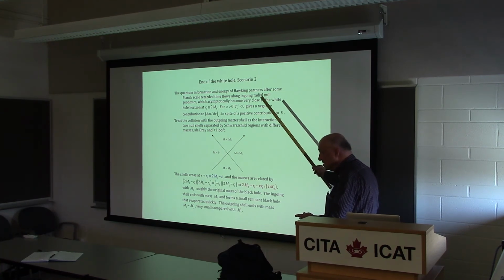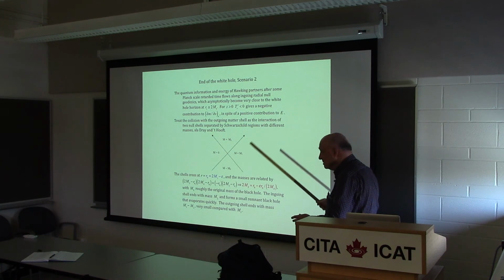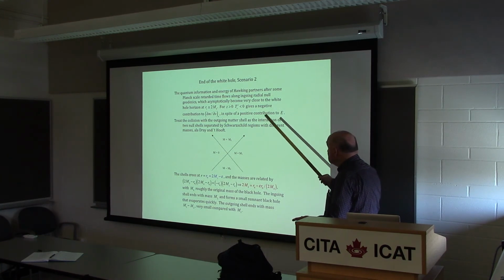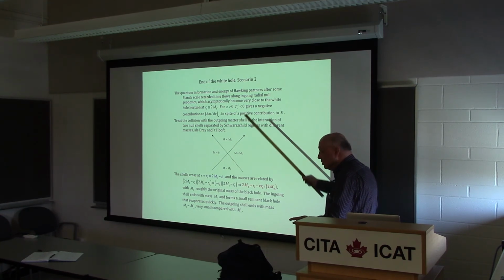If there's anything that deviates significantly from an ingoing radial geodesic, it will go across the horizon, which he's saying isn't happening. So the radius of the horizon is frozen, and the mass of the white hole is frozen at some value m1, which is larger than the final mass of the black hole, but not a whole lot larger.